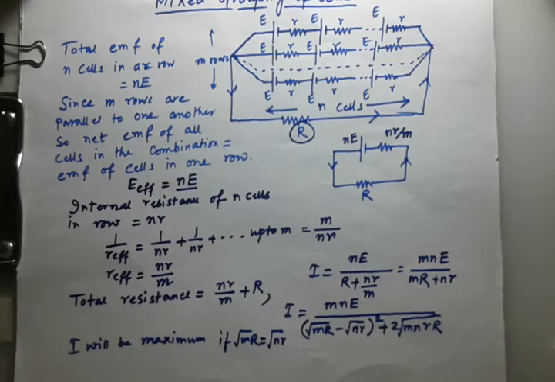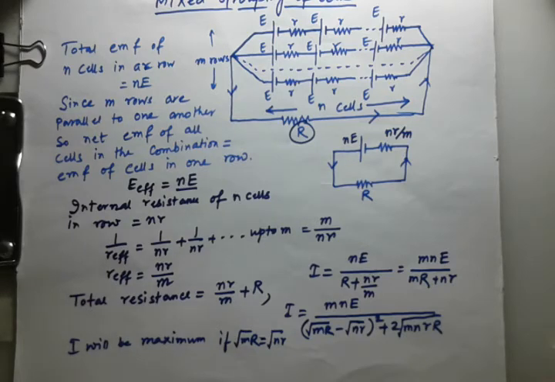So in order to get the maximum current in the circuit, the mixed grouping of the cells must be done in such a way that the external resistance is equal to the effective internal resistance of the cells. So you can remember this one.